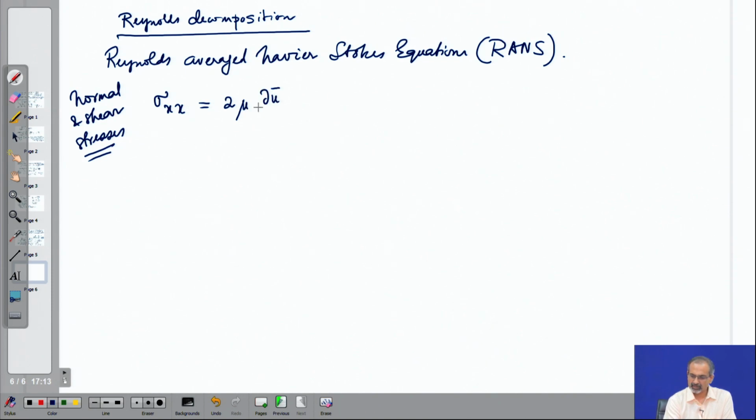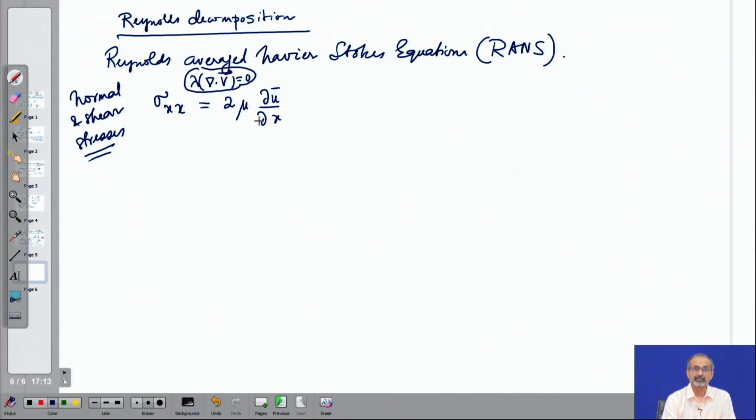We are continuing the discussion in the context of an incompressible flow. So you will notice that we have dropped a term like this, the divergence of velocity with a lambda, because divergence V goes to 0 for incompressible flow. So that has not been considered.